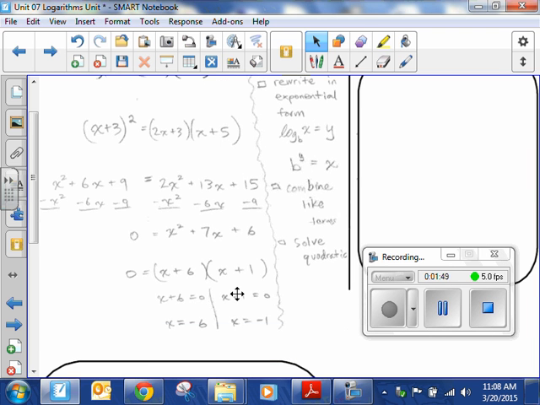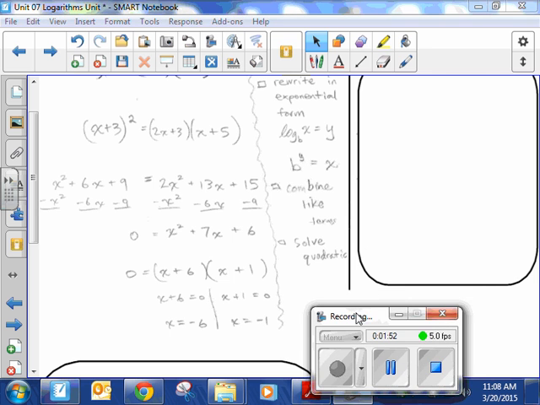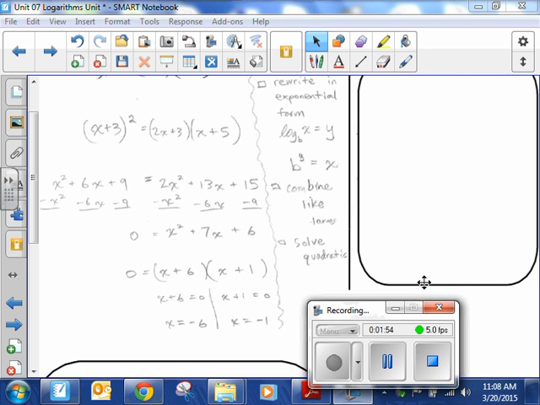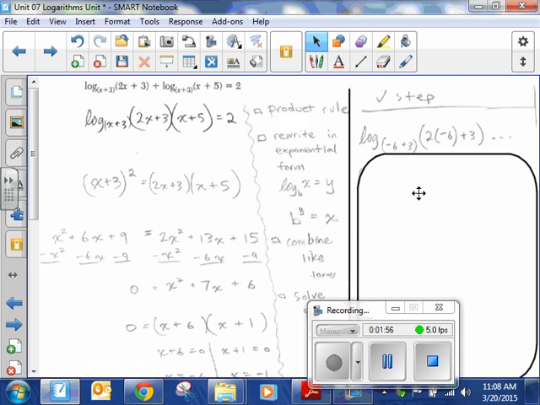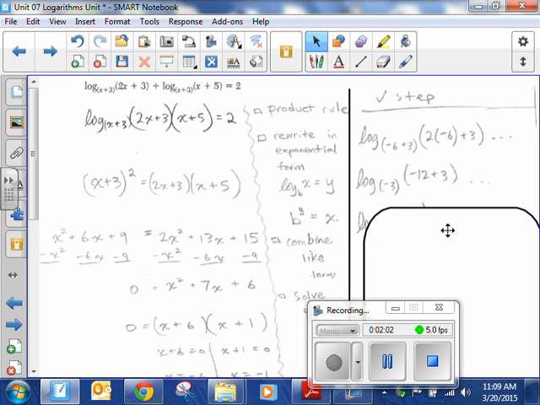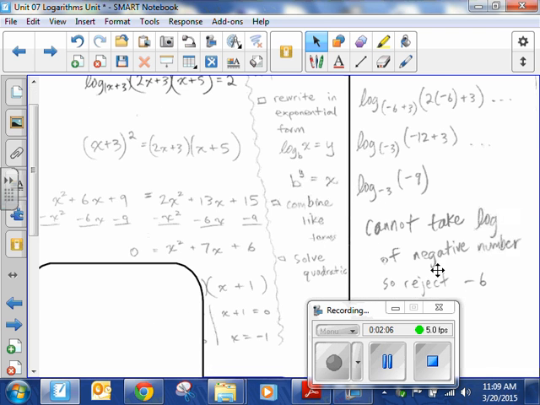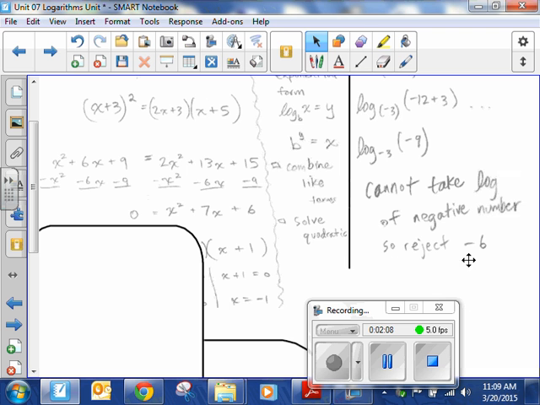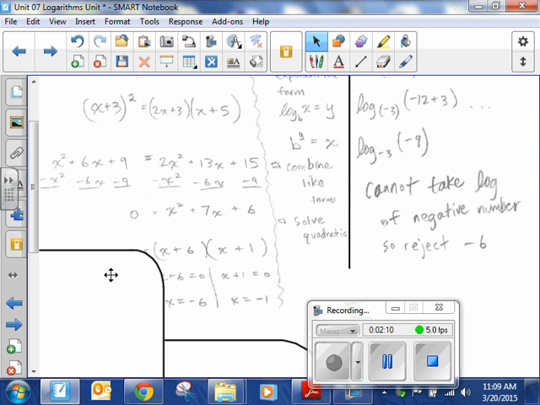Now before you just say that's the answer and be done with it, you need to plug back in for the check step. So we'll plug in -6, and we end up with 2 times -6 plus 3. We end up with -12 plus 3, which is -9. Remember, you cannot take the logarithm of a negative number, so we have to reject -6.